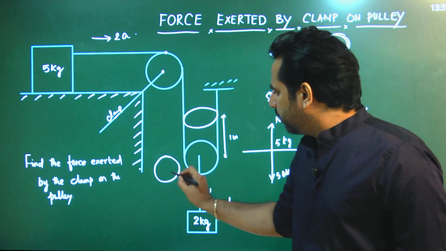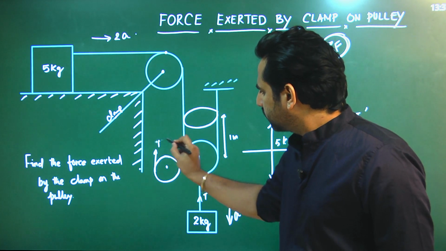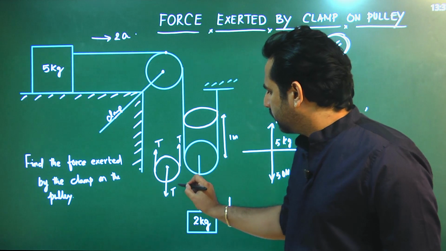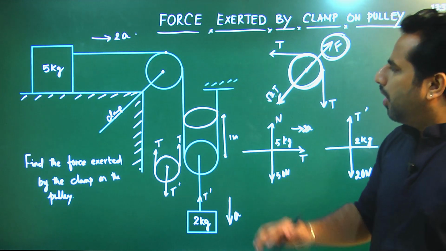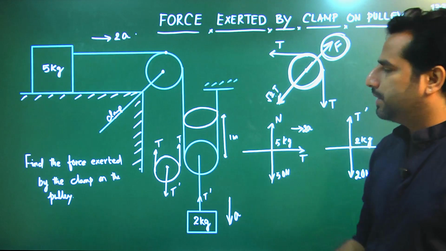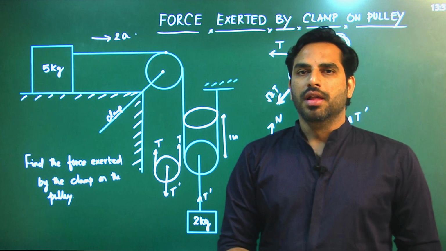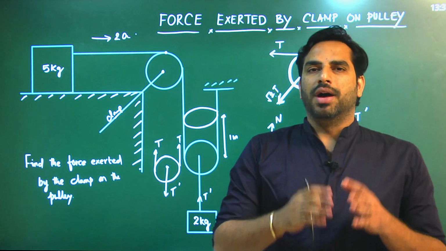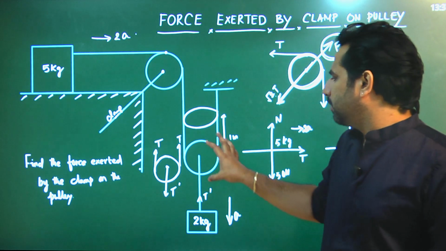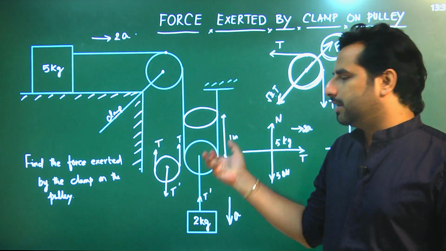And observe the free body diagram of this movable pulley. It has T and T in the upward direction and T dash in the downward direction. All the pulleys given in this question are ideal pulleys, massless and frictionless. There is no friction, so we don't have to bother about the rotatory effect or the angular acceleration of the pulley.